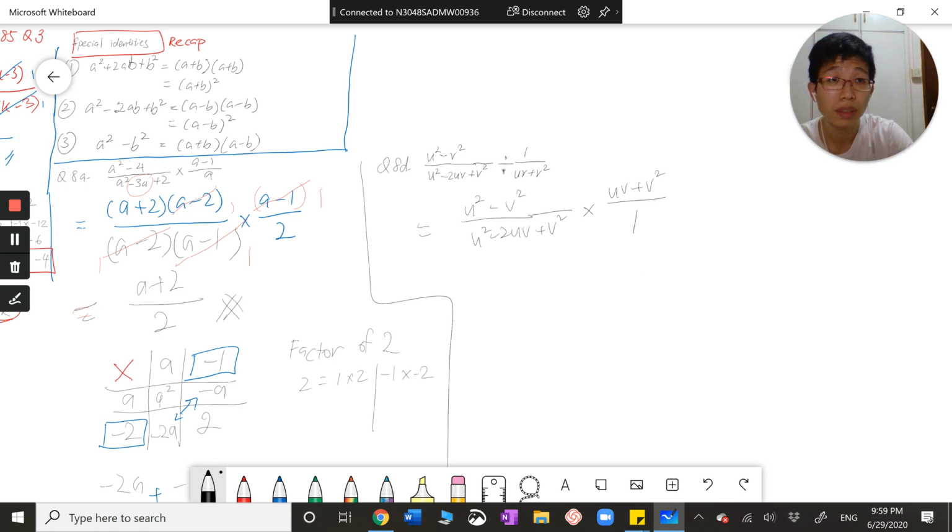So now I can factorize the numerator and the denominator in the first fraction. I notice that it is similar to option number 3, which is the difference of 2 squares, for the numerator. So it will be u plus v times u minus v. And for the denominator, it is of the form of the second one, the perfect square, which has a negative sign.